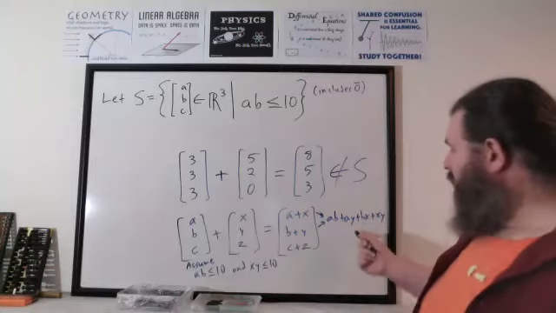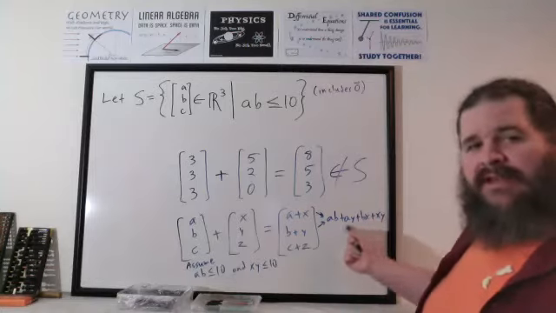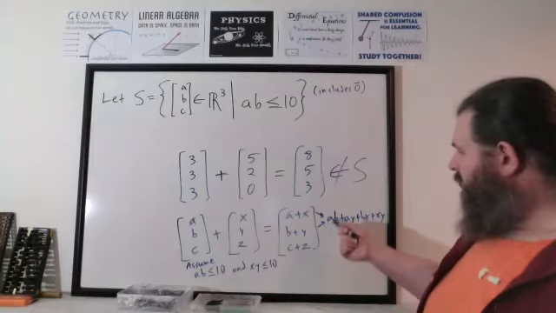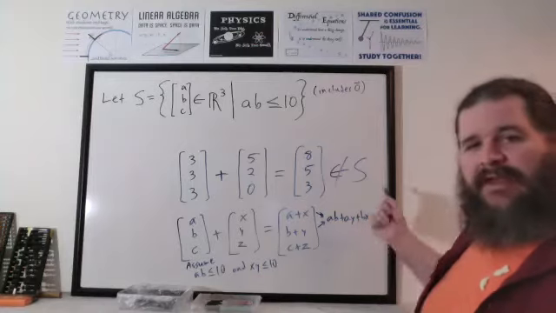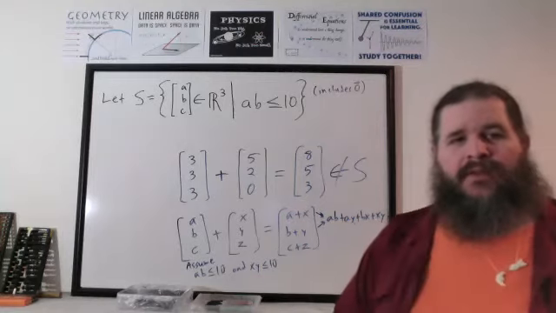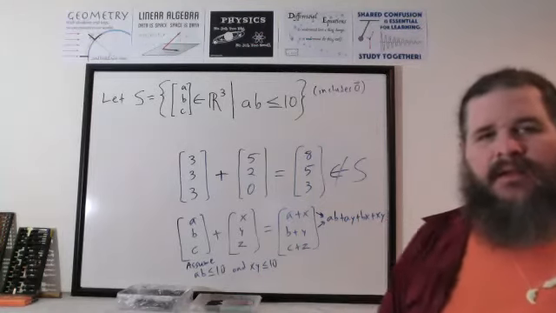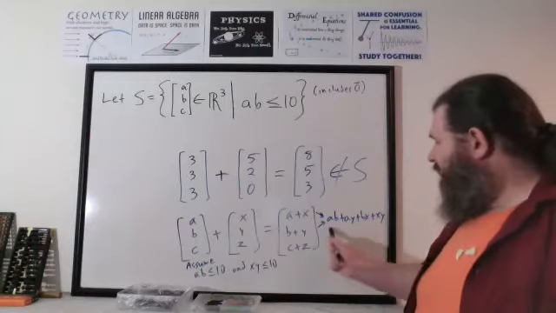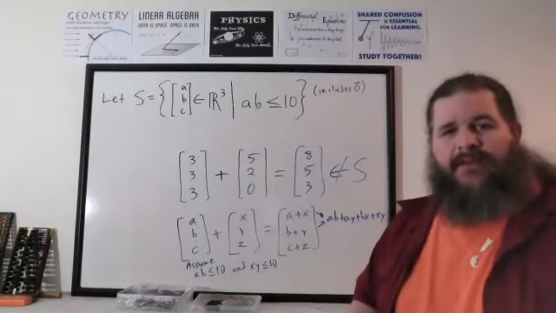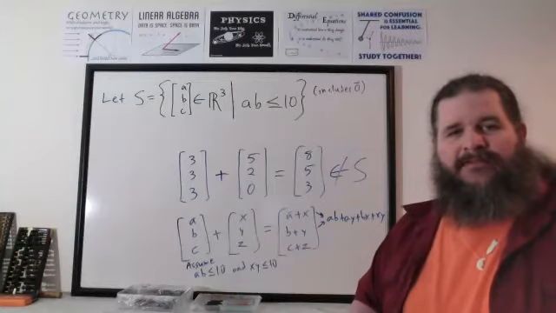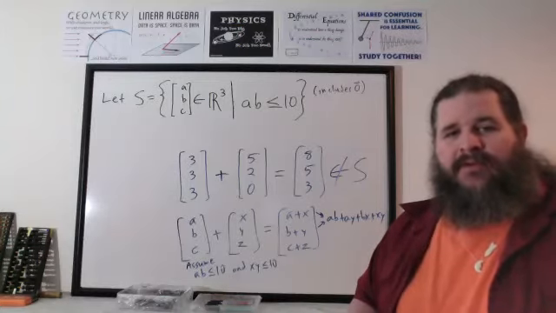But we don't know anything about AY and BX. Those could be anything. And also, even ignoring AY and BX, if we just have AB is smaller than 10 and XY is smaller than 10, their sum might be larger than 10. So this tells us we can't guarantee that the sum is going to be a member of S. There's no reason to expect it to follow that property.